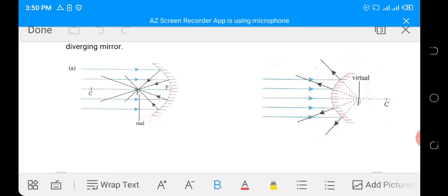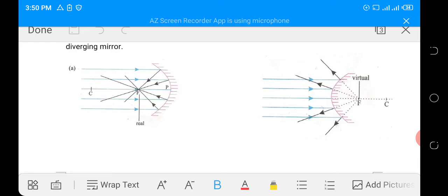But let's look at a convex mirror. When the parallel beam of light strikes the reflecting surface, they all diverge. But when they are produced backward with dotted lines, it will be as if they are coming from that point. Actually, they are not coming from that point, but we produce them to be coming from that point.